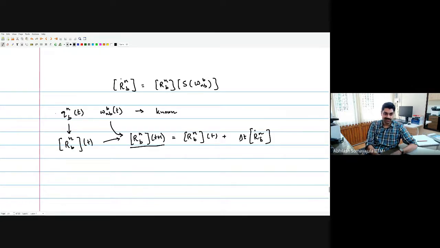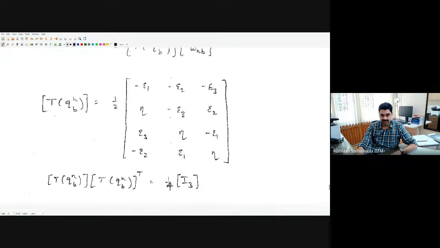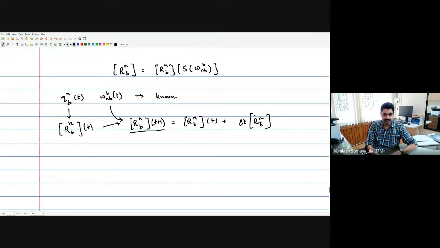The other way to verify the above formulation would be that I can take this value of q and this value of omega and use that to find out q_NB dot, correct?